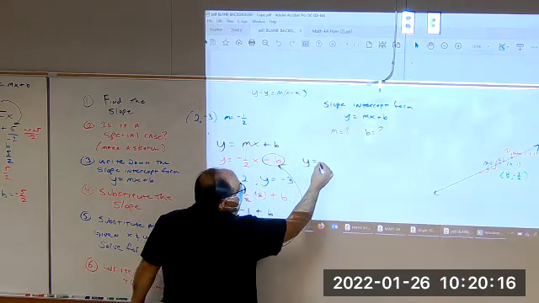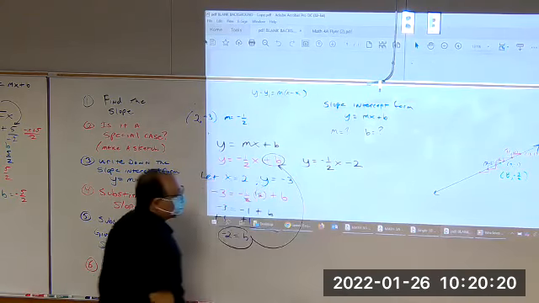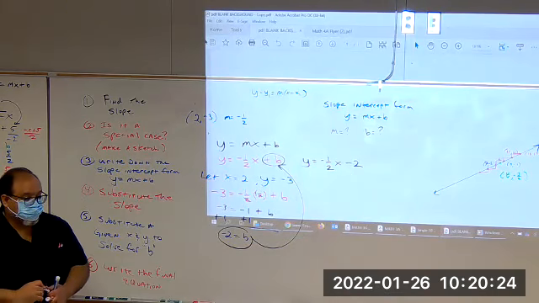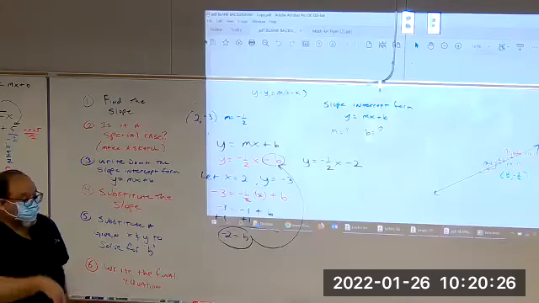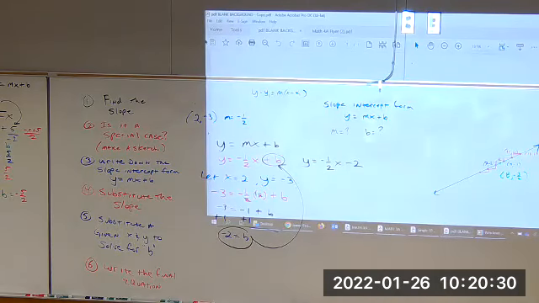So y equals -1/2 x minus 2. And that's the equation of the line. So instead of plugging it into point slope form and then having to solve for y, when I figured it out using slope intercept form, I'm done because I have it.